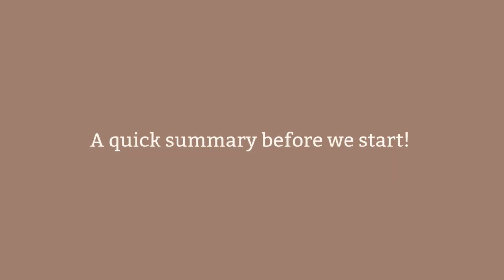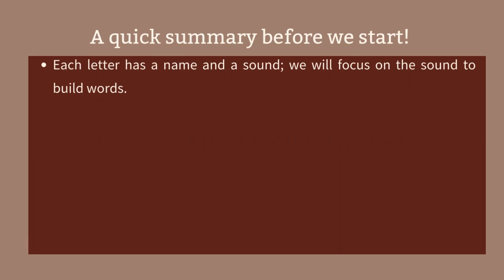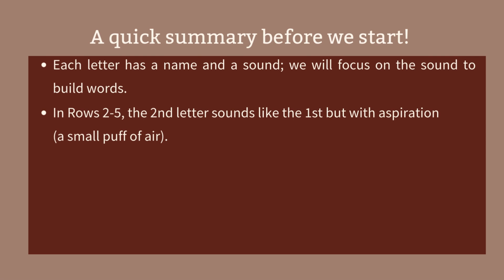Here's a quick summary before we get started with the 35 letters. Point number 1. Each letter has a name and a sound, and we will be focusing more on the sound so that we can combine letters and build words. Point number 2. In rows 2 to 5, the second letter sounds like the first, but with a small puff of air.